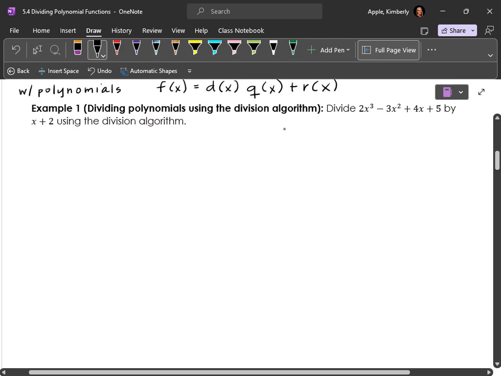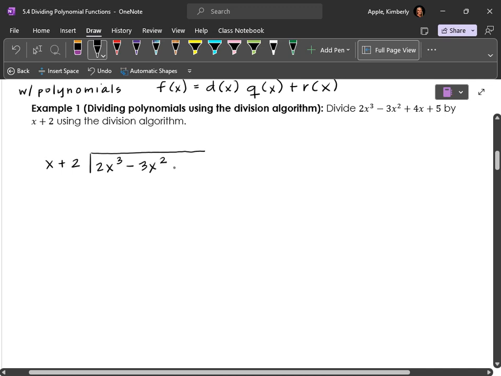So for example 1, dividing a polynomial using the division algorithm. We're just going to go ahead and start. I'll write it just like this, and I want to divide x plus 2 into this given f of x.